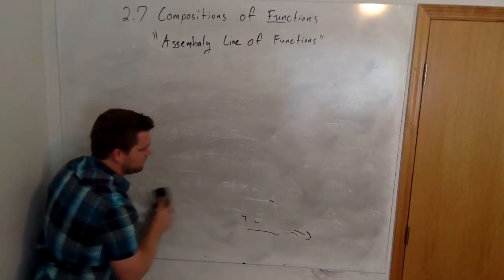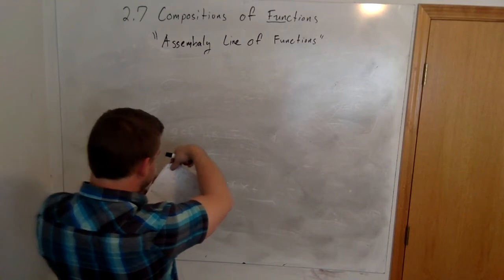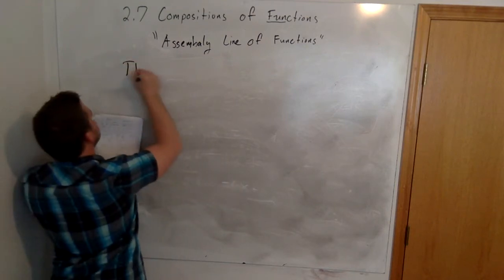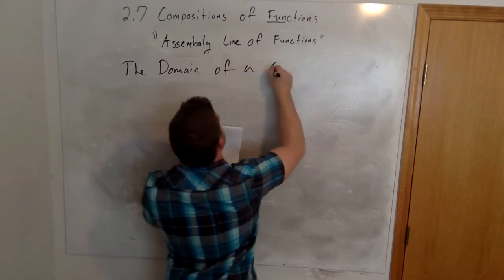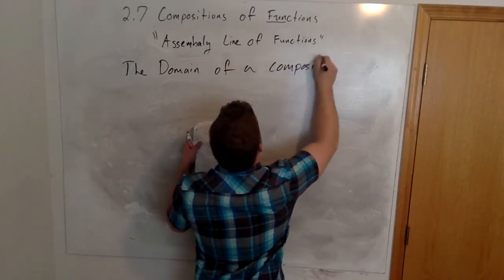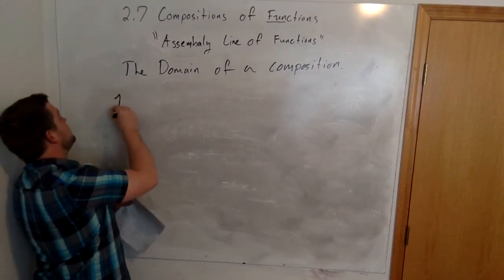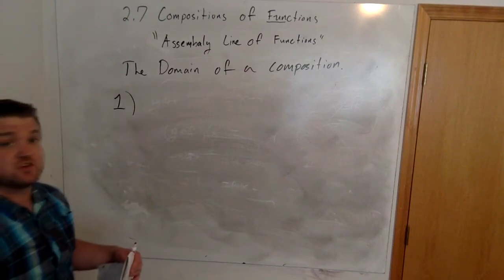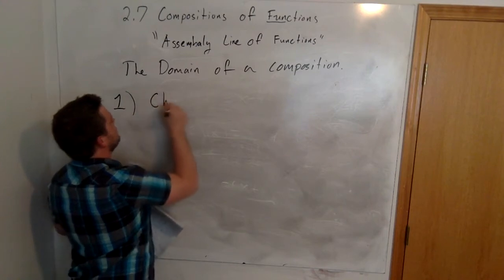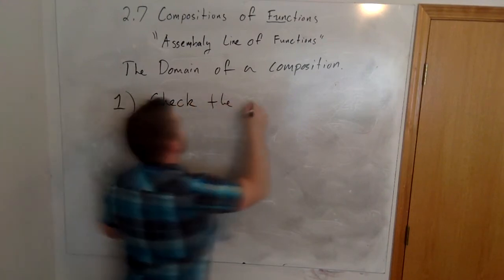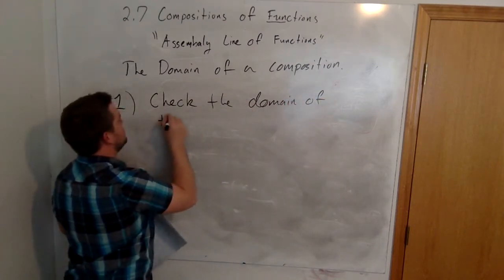So I want to write down a key result: the domain of a composition. There are two things we have to check. The first thing is the domain of the end result.